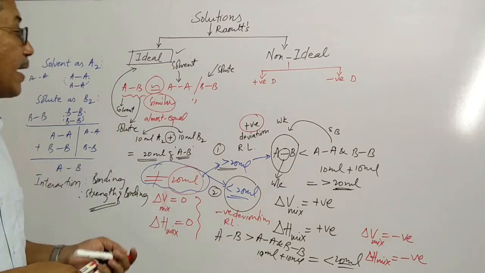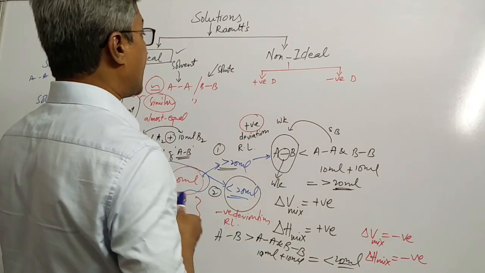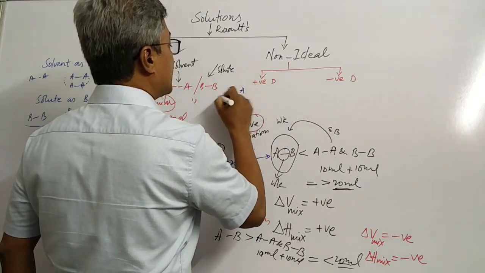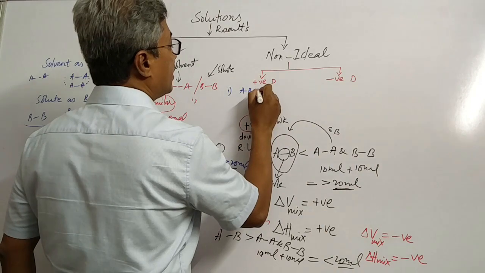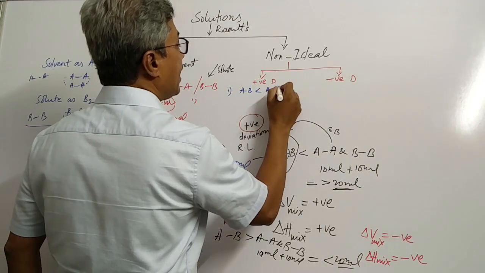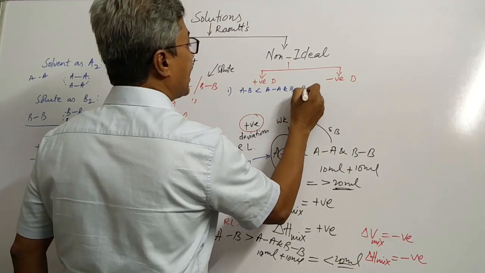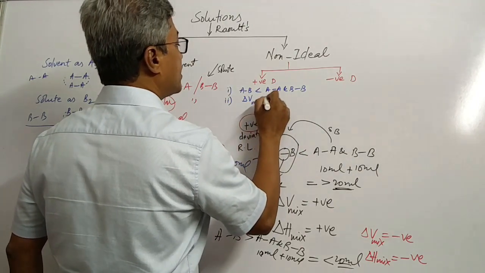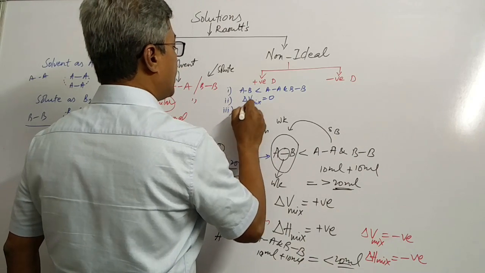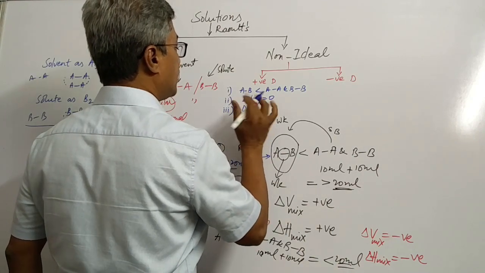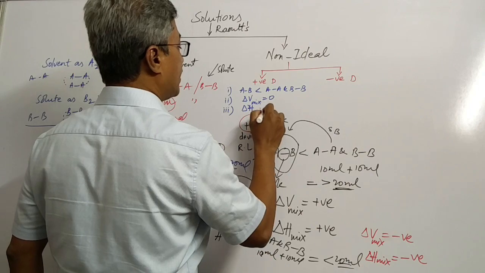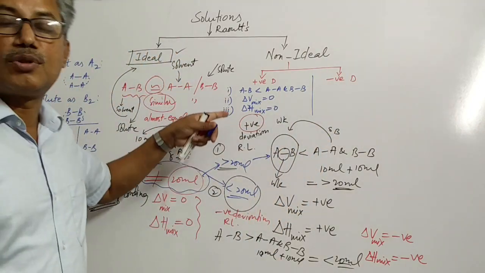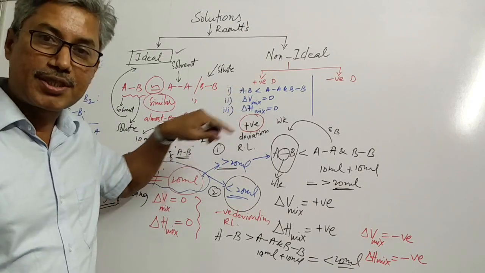Is it clear, students? Okay. If it is positive deviation, what are the conditions here? First condition: AB interaction is weaker than AA and BB interaction. Second condition, delta V mixing is equal to 0. Third condition, delta H mixing is also equal to 0. These are the three properties of non-ideal solution having positive deviation.